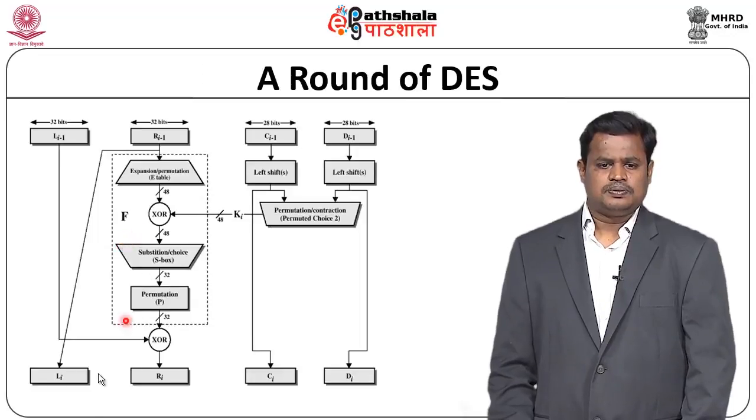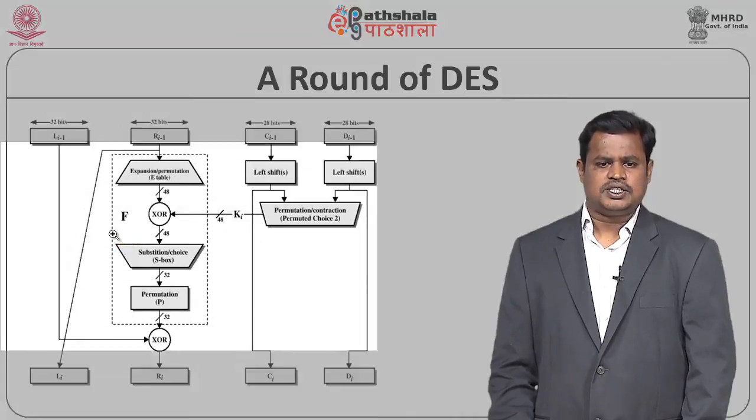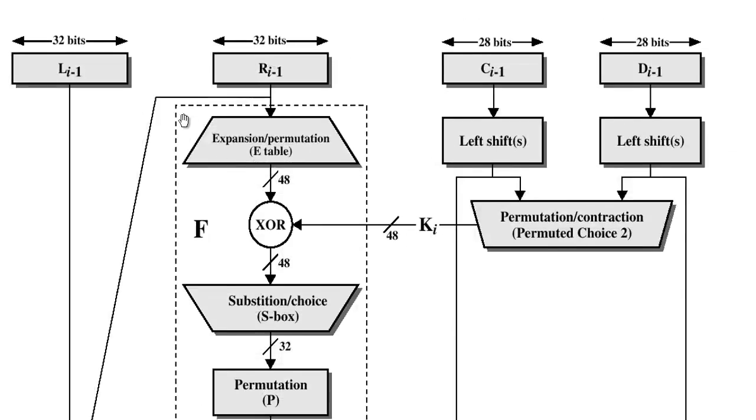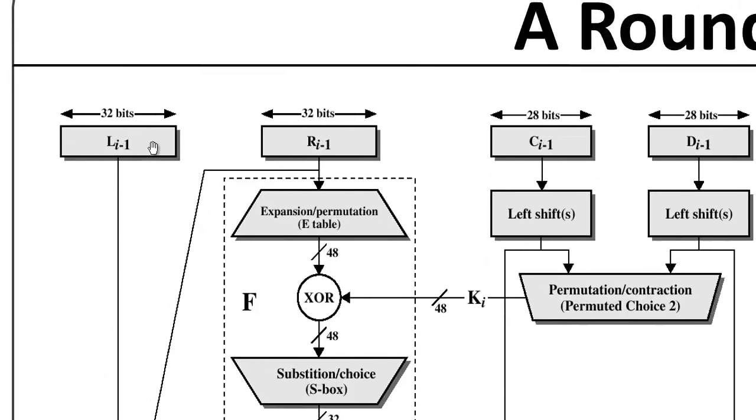Here is the overall structure. This is our data block, 64 bits, which is divided into two halves, 32 and 32: left half 32, right half 32.